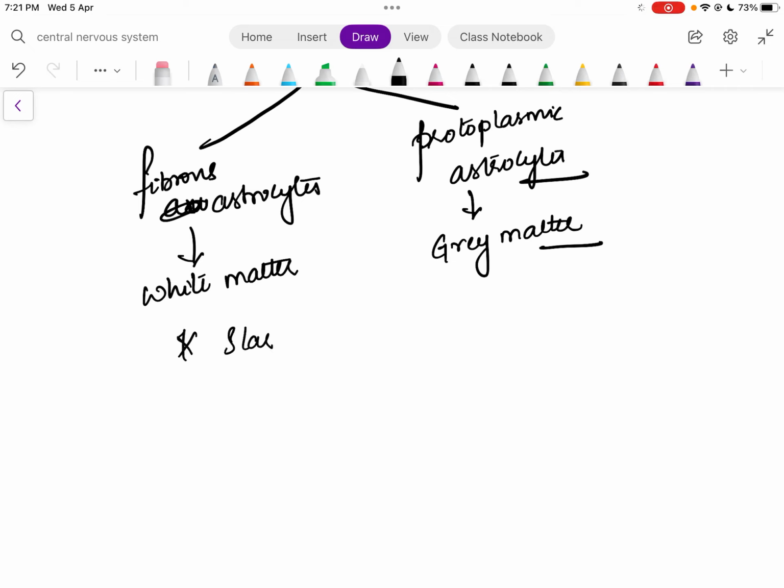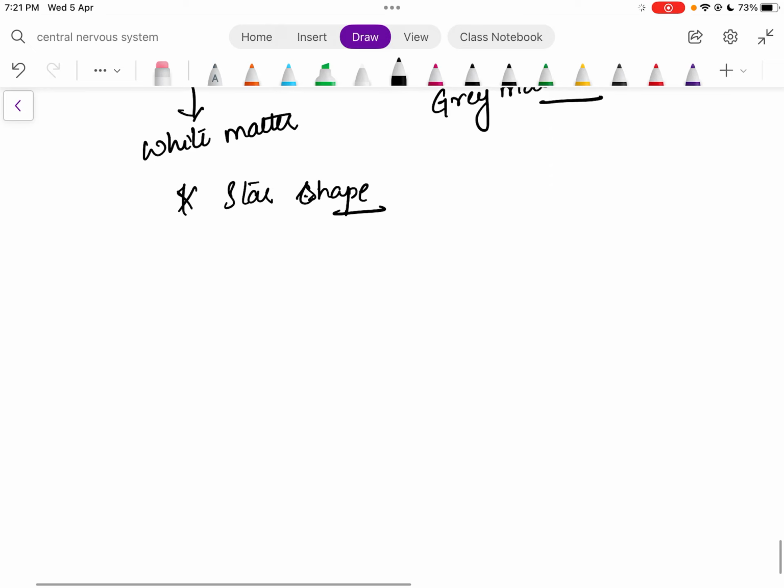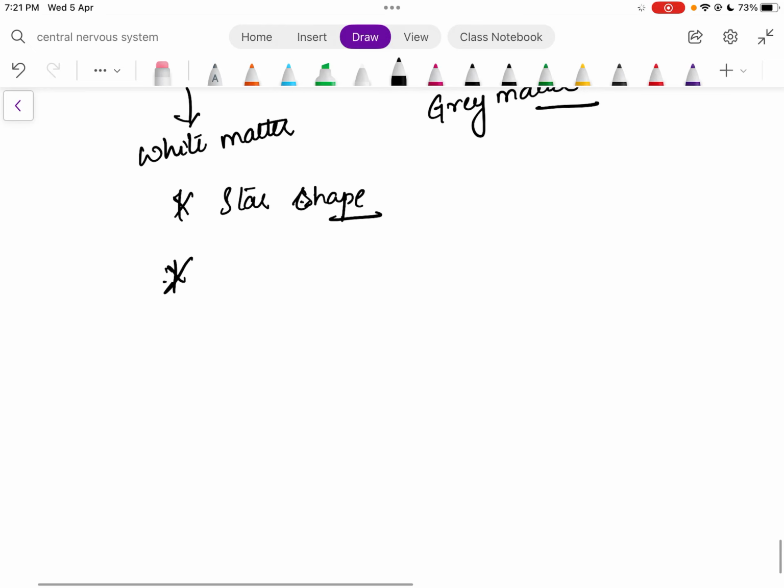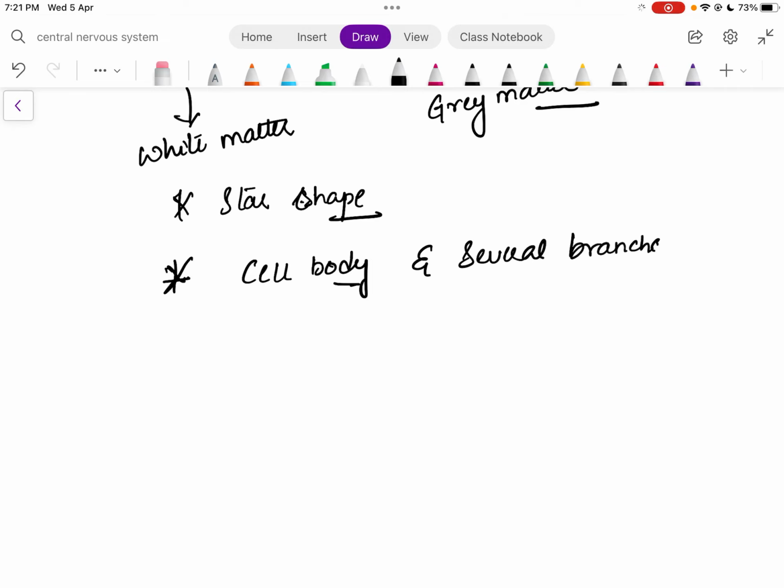And these astrocytes are star shaped. Before going into function, they have a cell body and several branches like a neuron. This is a star shaped astrocyte and it has branches.